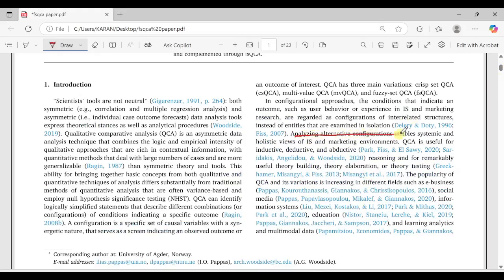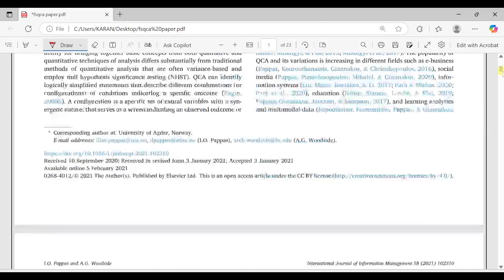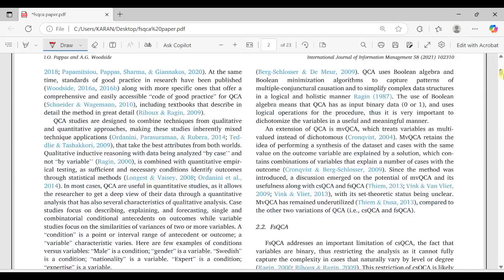Analyzing alternative configurations enables systematic and holistic views of information system and marketing environments. Qualitative comparative analysis is useful for inductive, deductive, and abductive reasoning and for remarkably useful theory building, theory elaboration, or theory testing. So that is the importance of fsQCA.